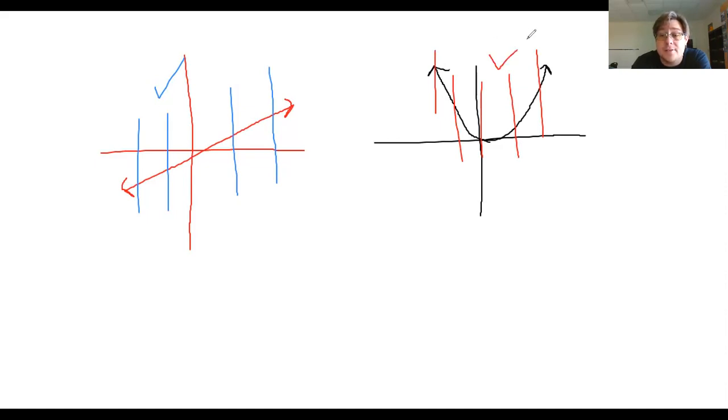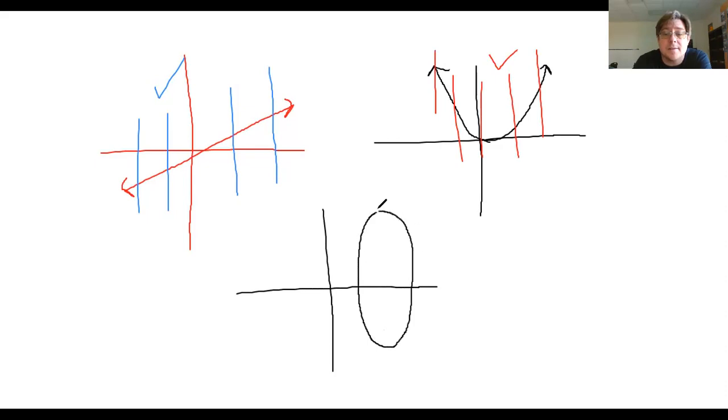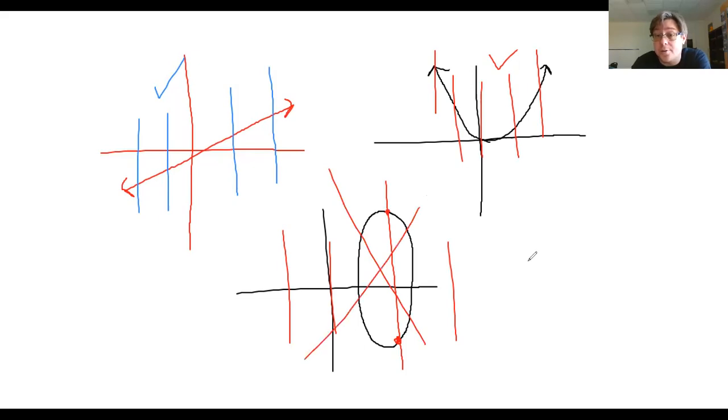Okay, how about if we look at an ellipse of some kind? Here, if I draw vertical lines over here, it doesn't touch at all. That's fine. I draw a vertical line here, it hits the graph twice. This is not a function. No good. It intersected more than once.